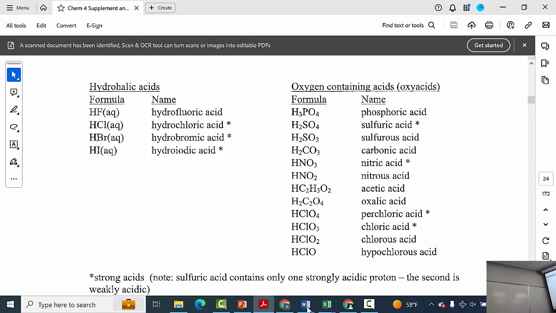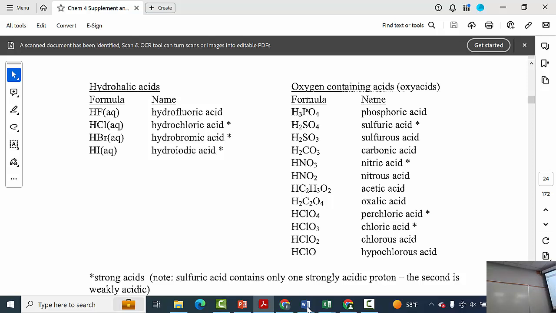So let's take a look at this chart over here. This chart is the acid ranking chart. Can you name this acid at the top of the chart? Well, first we got to recognize the anion name, ClO4 minus. What is ClO4 minus? Perchlorate. And so that would be called perchloric acid.